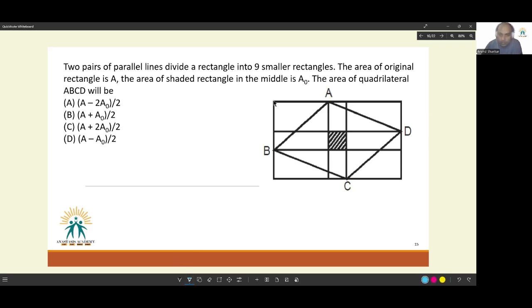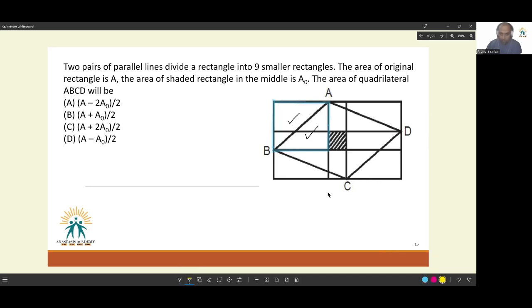Look at this rectangle that I am marking. Can I say these two portions will have equal area? These two portions will have equal area.